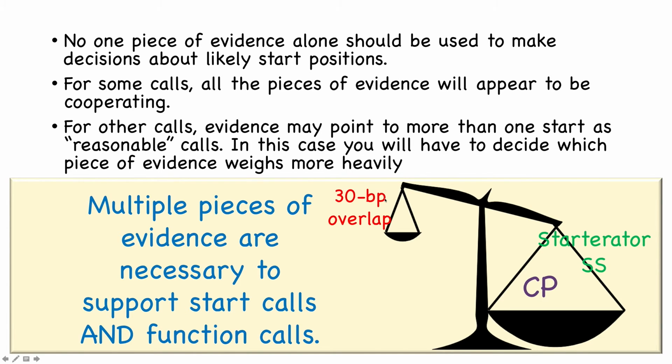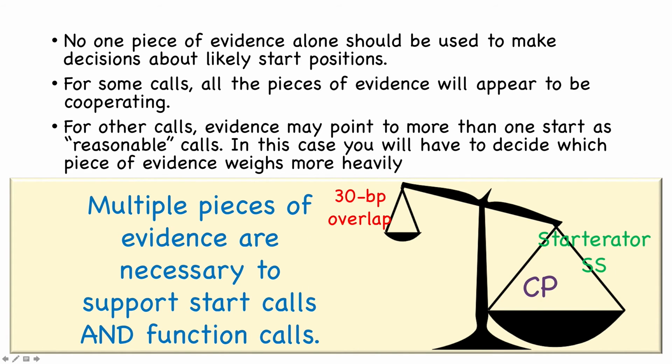So if we make a call for a start that has a 30 base pair overlap, which I told you earlier we don't like, but the start array data, the coding potential data, and a number of other pieces of data indicate that that's the correct start, then this would outweigh the data that wouldn't support the call.